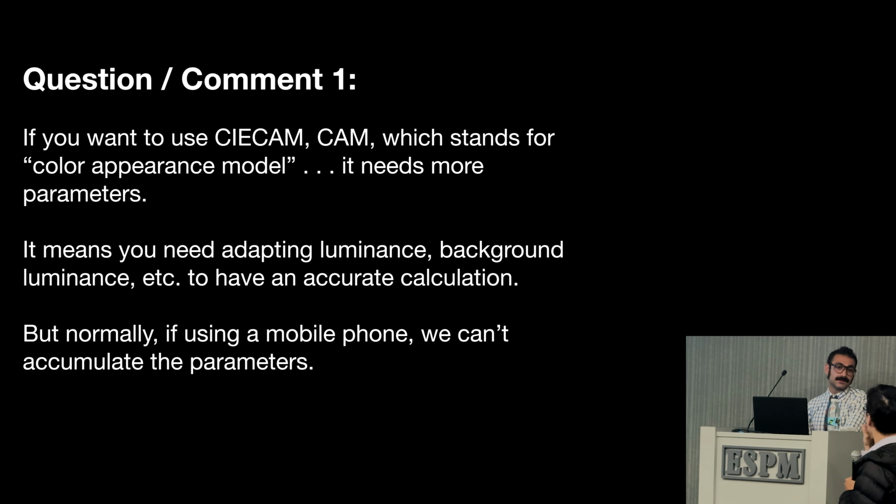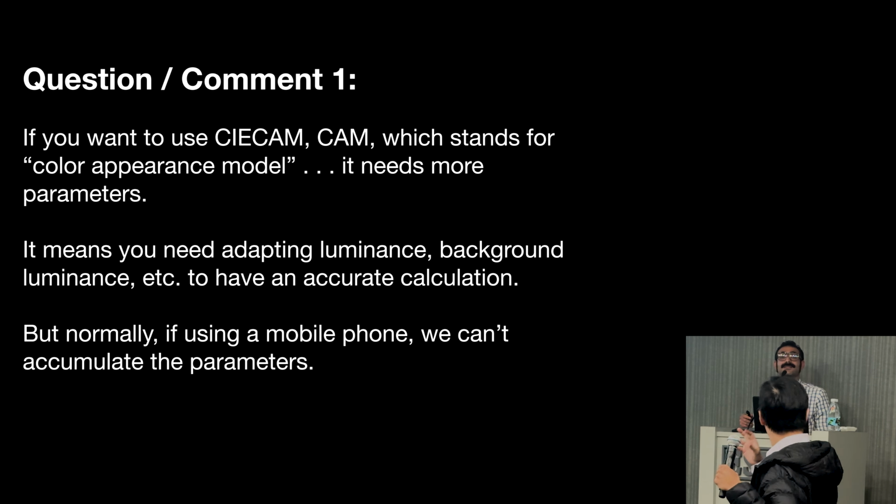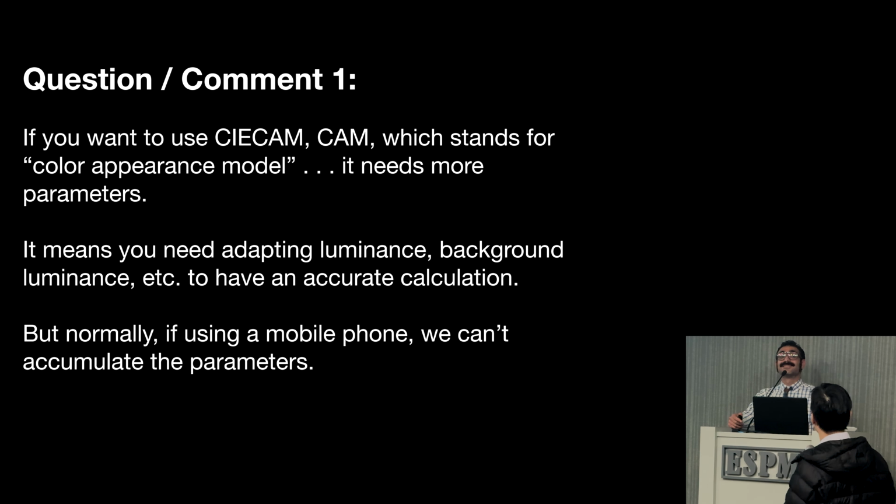But it needs more parameters. It means you need adaptive luminance and background luminance and so on to have the accurate calculation. But normally, if you use a mobile phone, we cannot accumulate. So actually, I can answer that question for you.